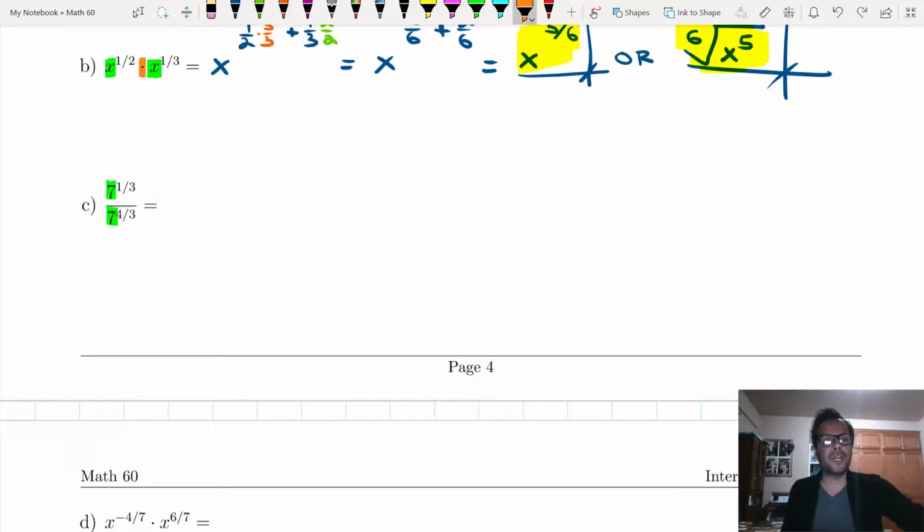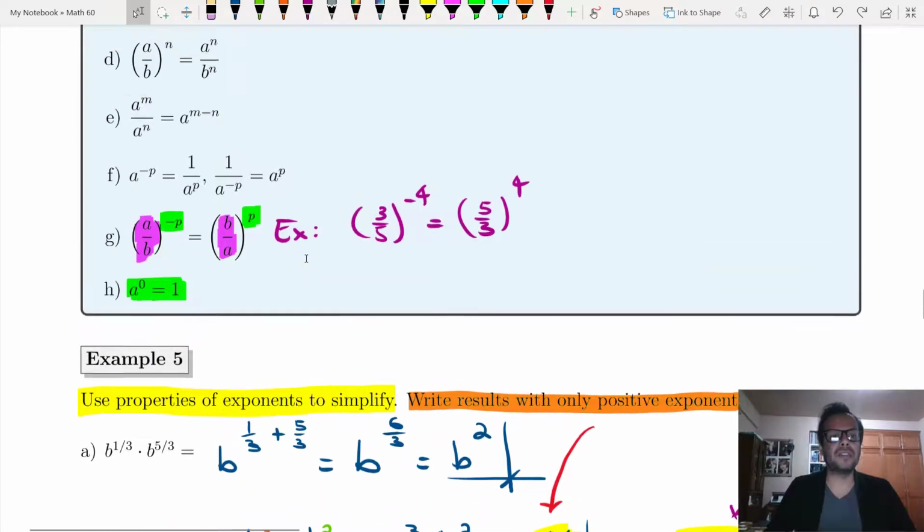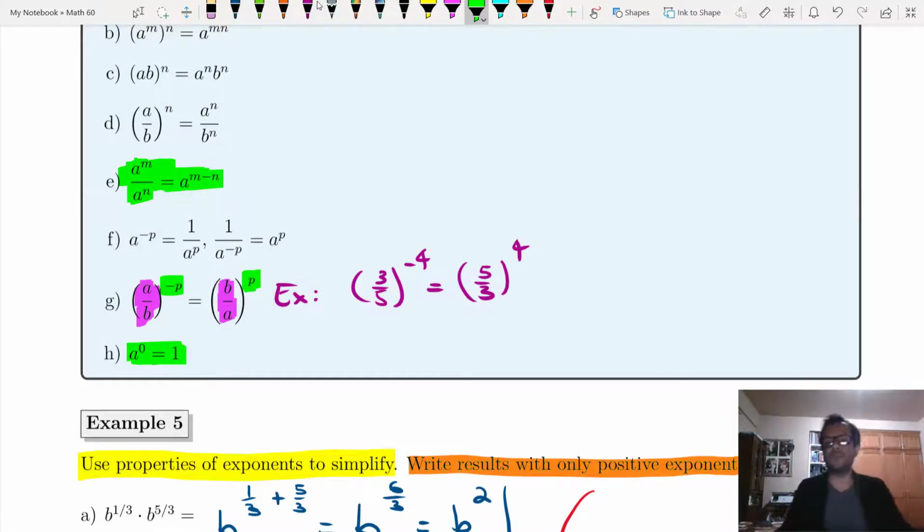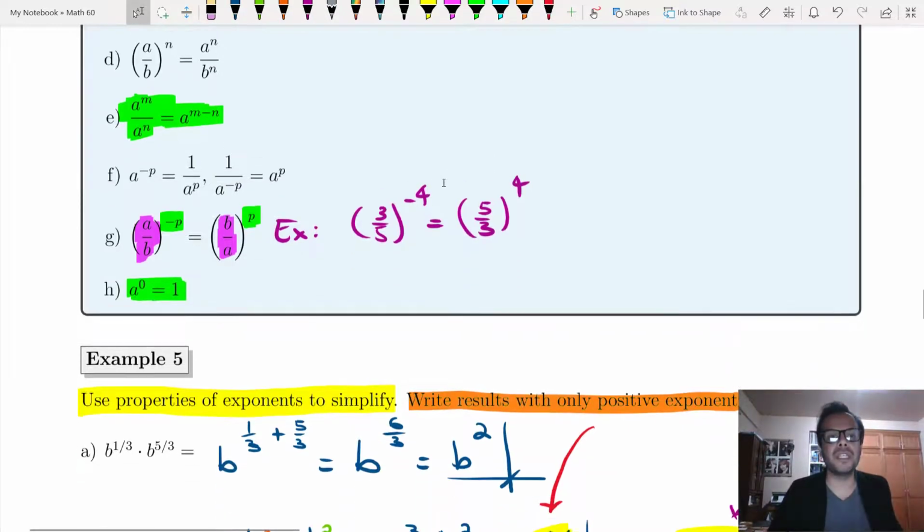So what are we going to do when we have that special case? To me it looks like letter E, the quotient rule. All we do is subtract the exponents.